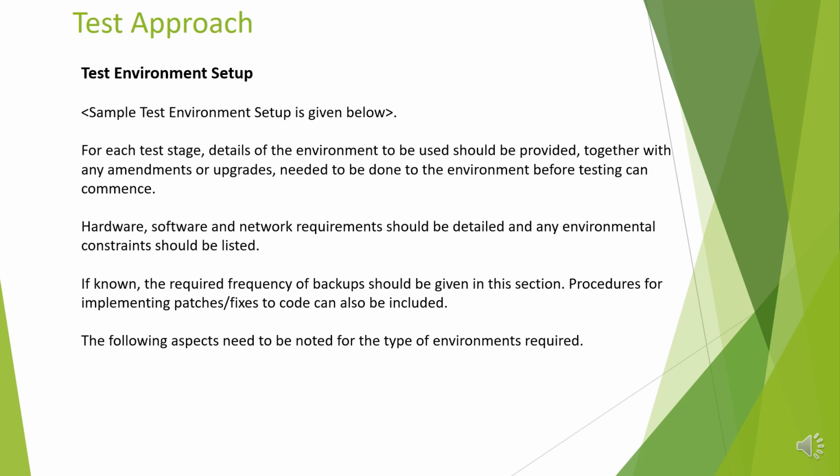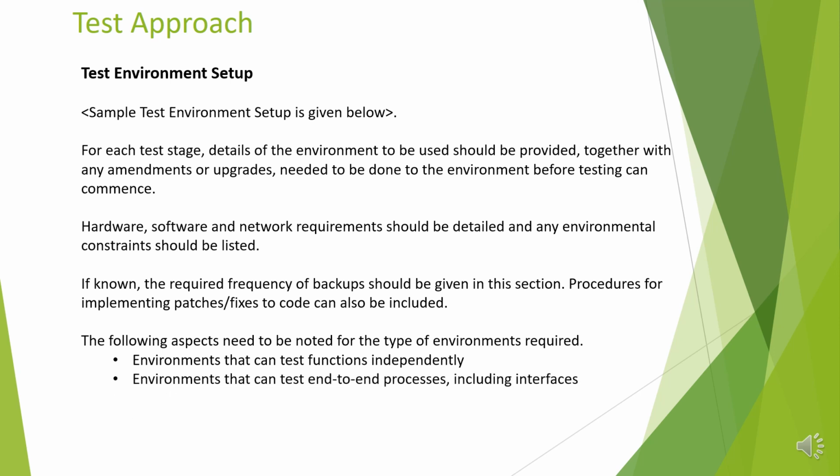The following aspects need to be noted for the type of environments required. 1. The environments that can test functions independently. 2. The environments that can test end-to-end processes including interfaces. And 3. The last, the environment to test performance of the application and its availability requirements.